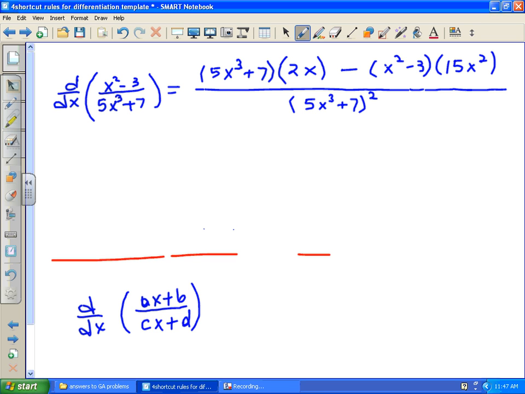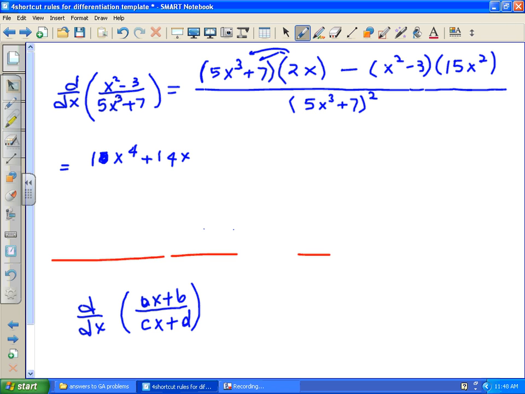Okay, all we have to do is simplify now. Calculus portion is over. The rest is really just algebra. So multiplying 2x, I'm sorry, this was just a 5 there 2 times. So we have 10x to the 4. Then we have 2x times 7, or 14x. Now with the negative, we have to be very careful.